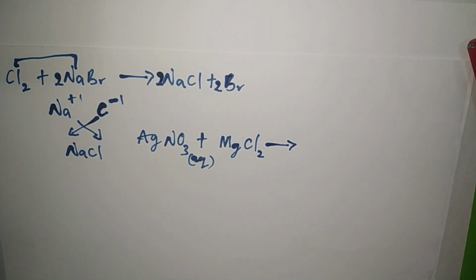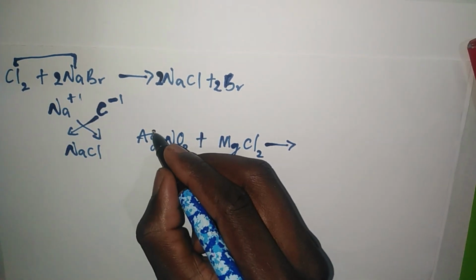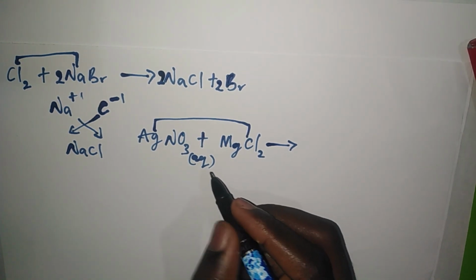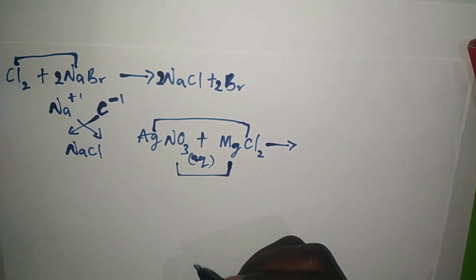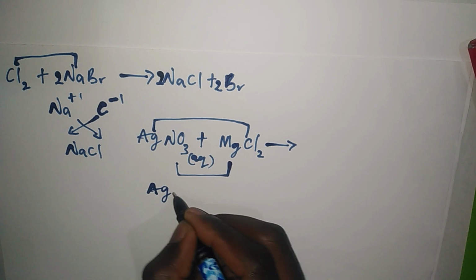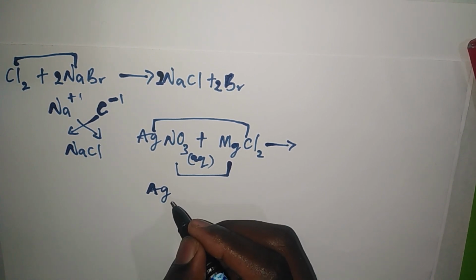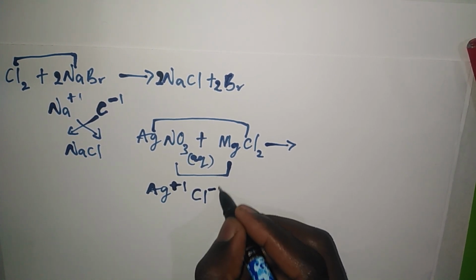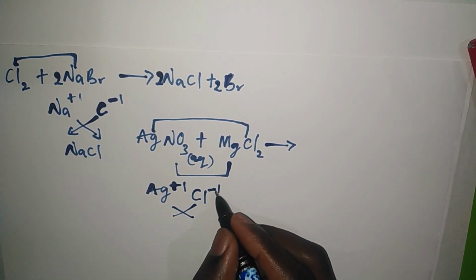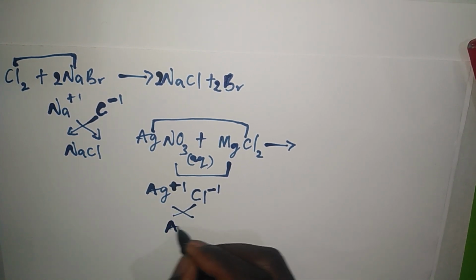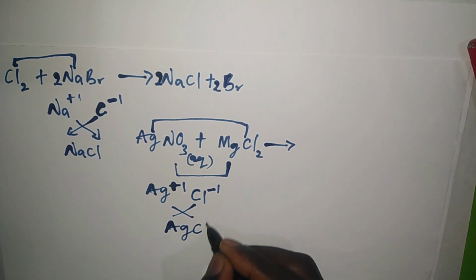First and foremost, we know that silver will react with chlorine, while magnesium will react with nitrate, right? So silver has a +1 charge and chlorine has a -1 charge. So you see, both of them, the charge is 1-1. So you put it in a 1-to-1 ratio. So it's going to be silver chloride.